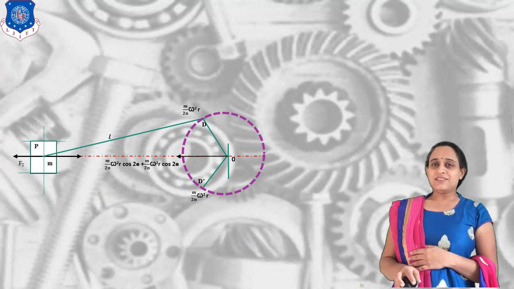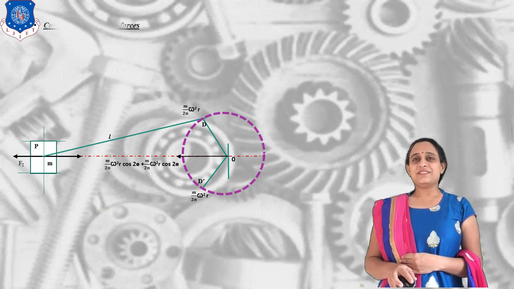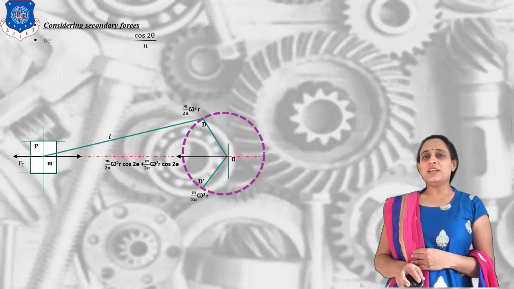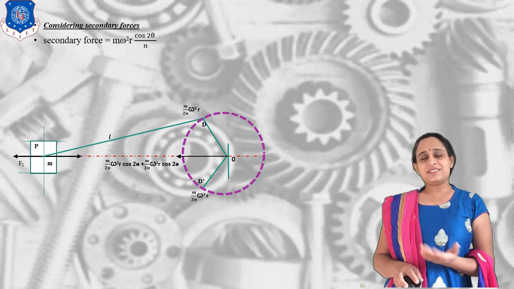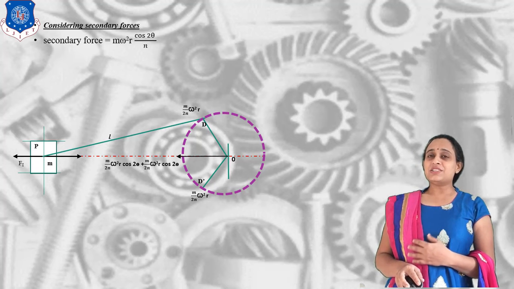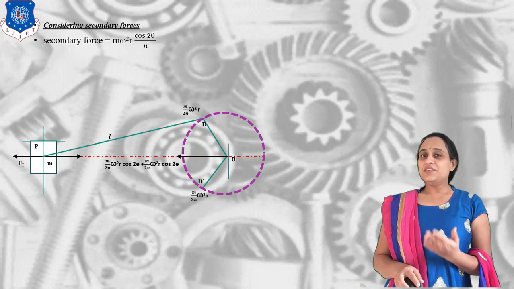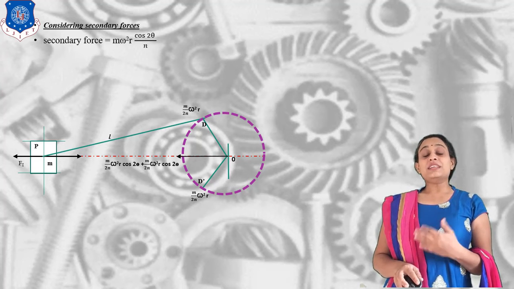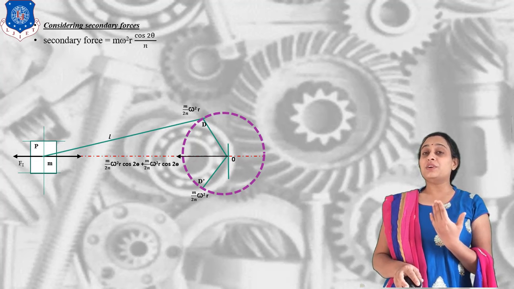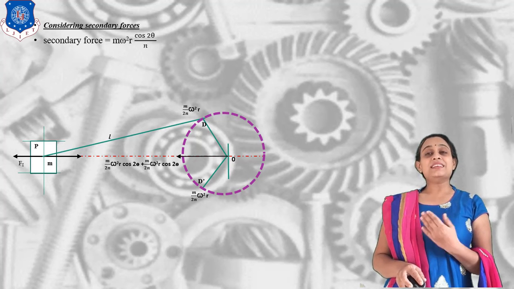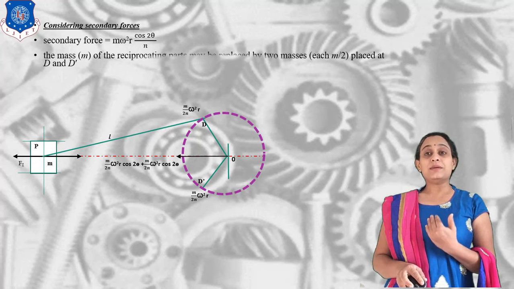Okay, now let us have our secondary crank values. Let us assume OD is the direct secondary crank and OD dash is the reverse secondary crank. What is the final value of the secondary force? It is m omega square r cos 2 theta by n.